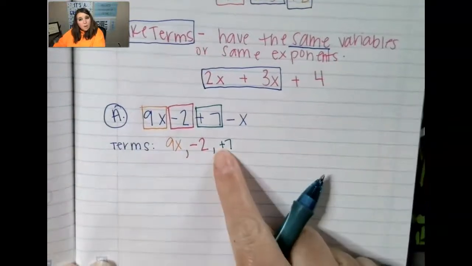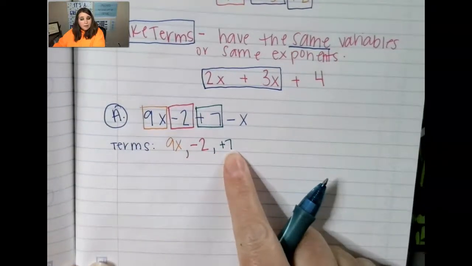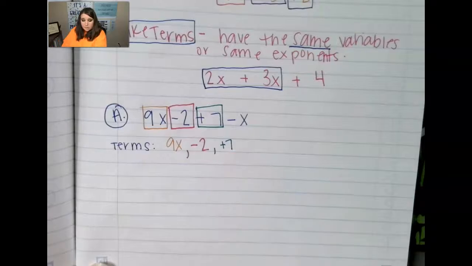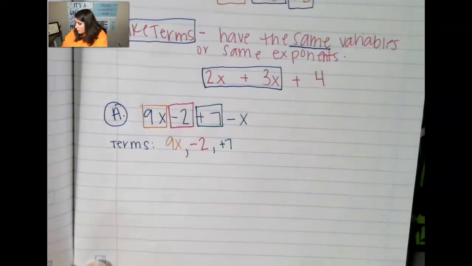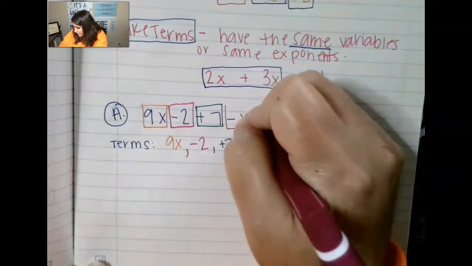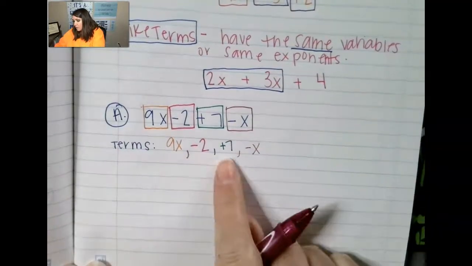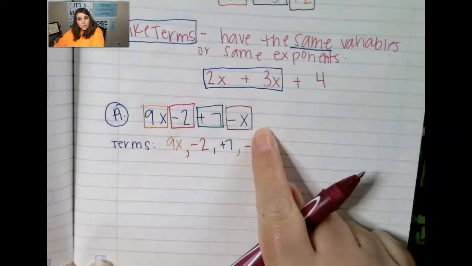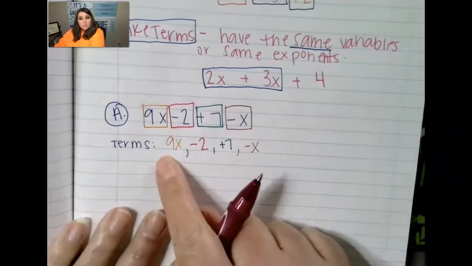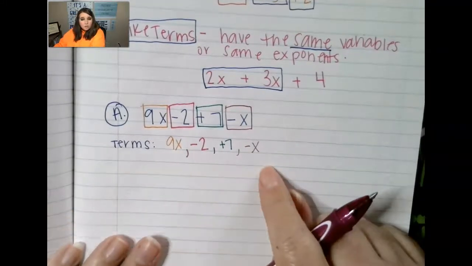You don't need the positive sign because a 7 on its own is just a positive. But I put it there so you could see it. And then the last part that we have is this x with the negative. So we have a -x. Each of these makes up this algebraic expression. So each of these are the terms.